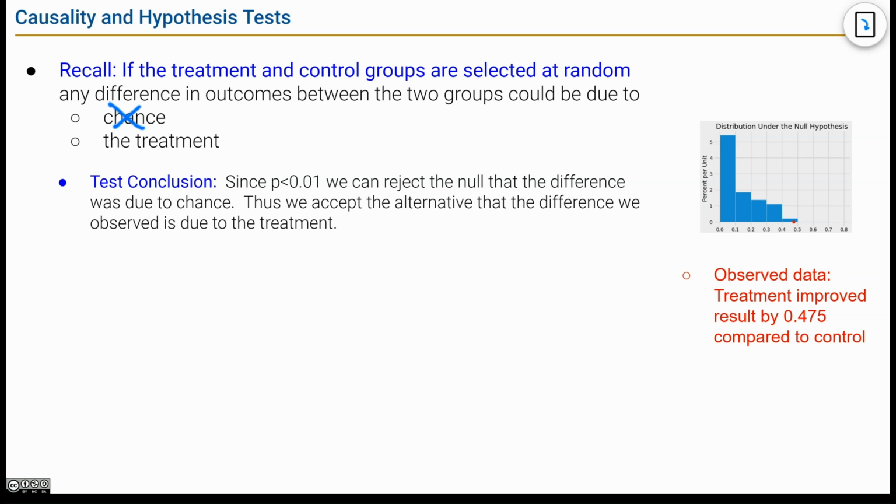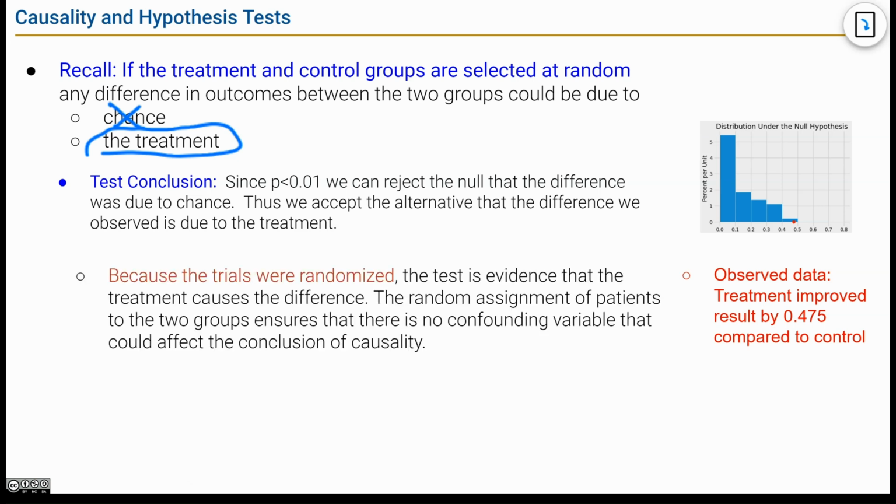We rejected that null, which leaves us the ability to say that the difference was due to the treatment. In fact, we can make a causal conclusion. We can say the treatment causes the difference. This is because the random assignment of patients that we did ensures there's no confounding variable that could affect the conclusion of causality. It would have shown up in our hypothesis test step here, if that were the case.